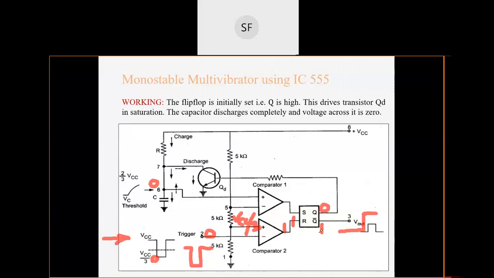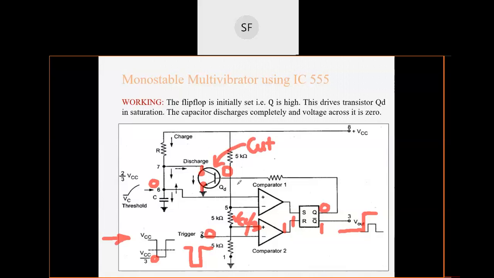Now again you have to follow the complete circle. Since Q is 0, this 0 will be applied to the base of your discharge transistor. Now what will happen? When the base of this transistor becomes 0, this transistor will work as an open circuit, not short circuit, remember, because now this transistor is in cutoff mode.